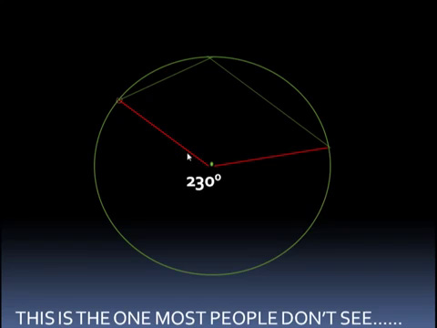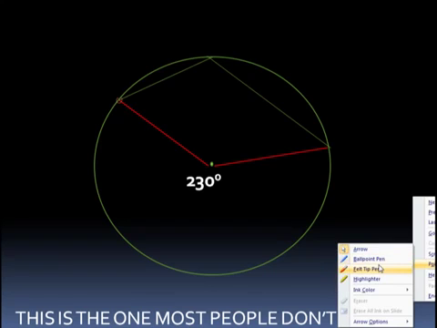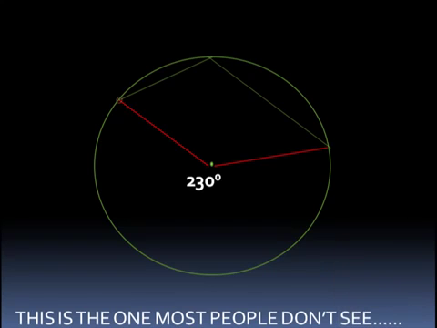Now what has happened is that we have created a new angle by moving those points. So what we're seeing here is this angle here. Now, if we had drawn a line going across like that, this angle right here would have been 180.